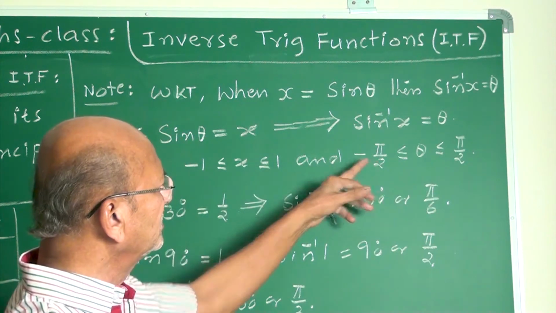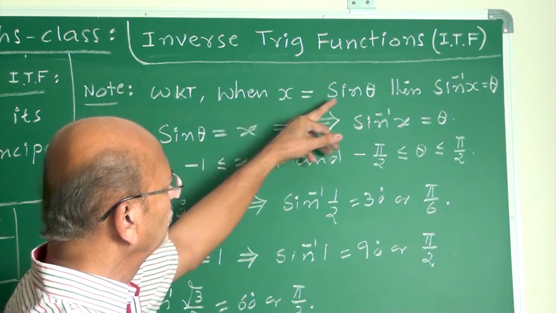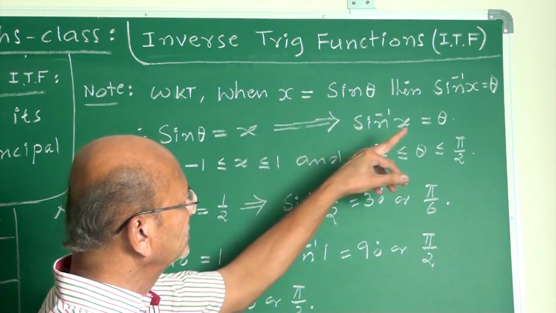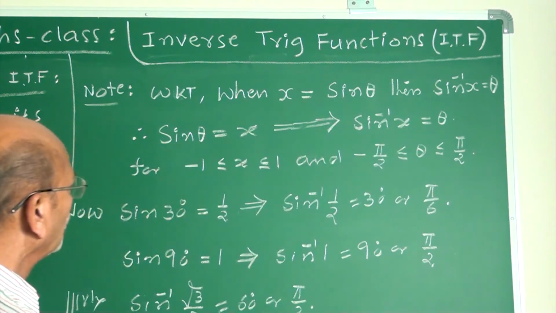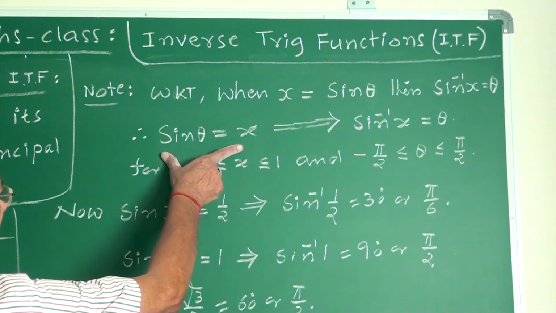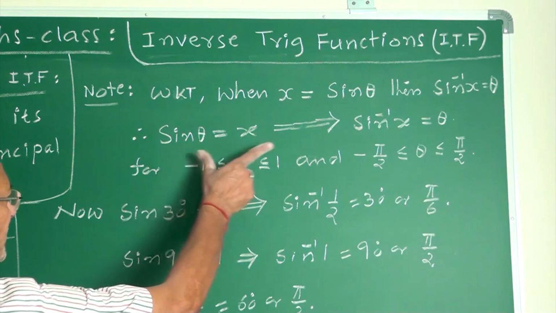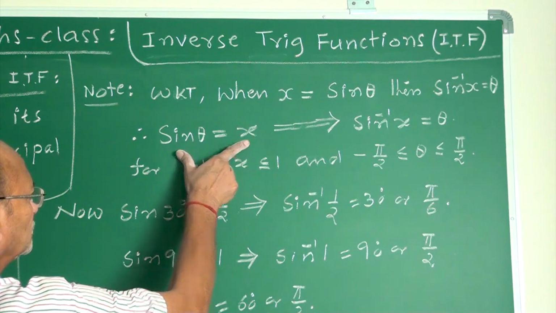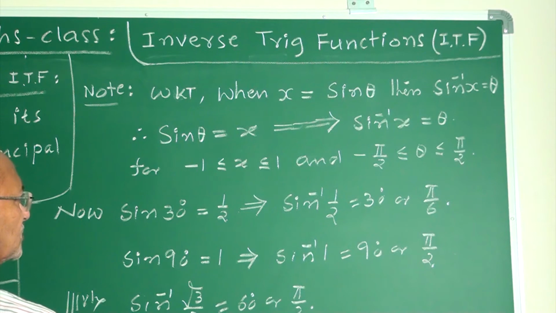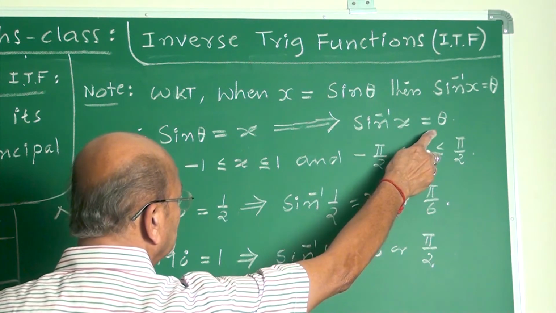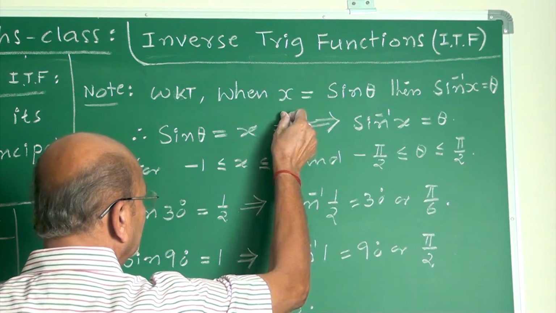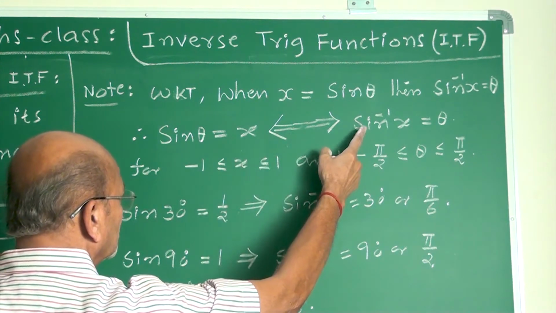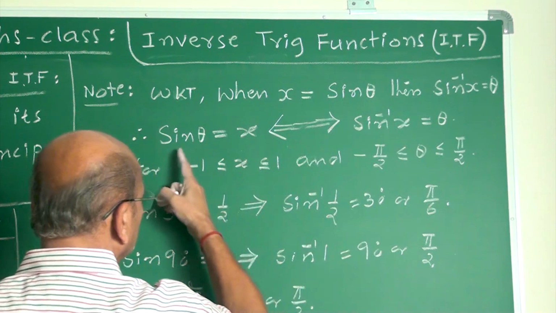Sine theta equal to x gives theta equal to sine inverse x, or sine inverse x equal to theta gives x equal to sine theta. Sine taking this side becomes sine inverse, and sine inverse taking this side becomes sine.